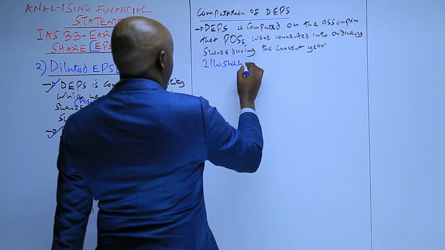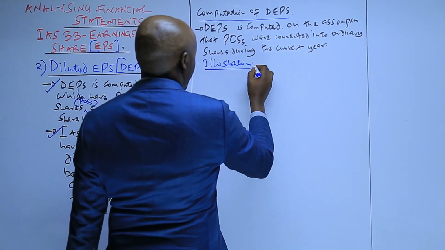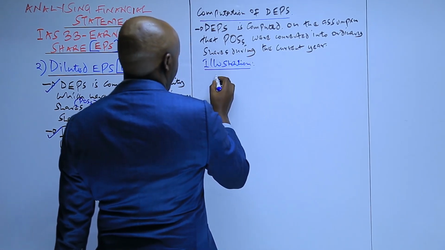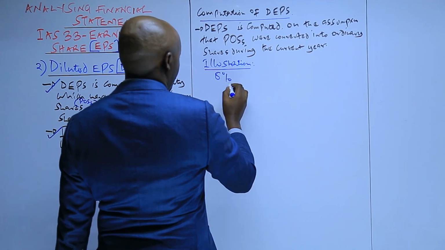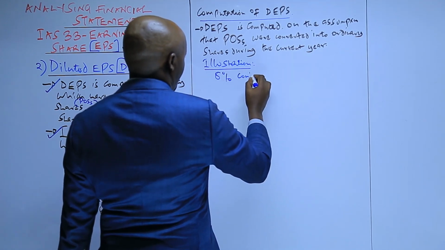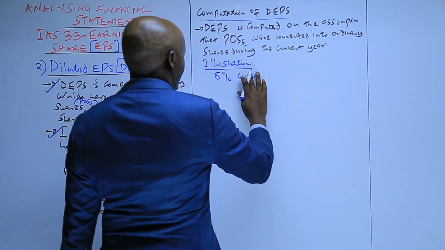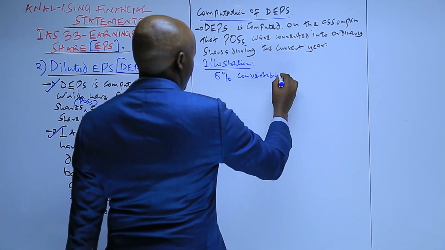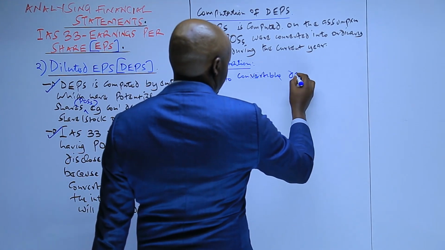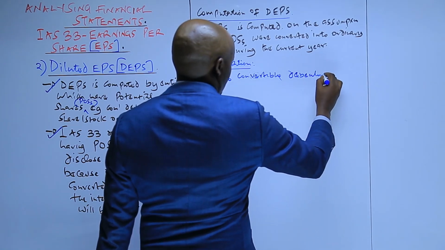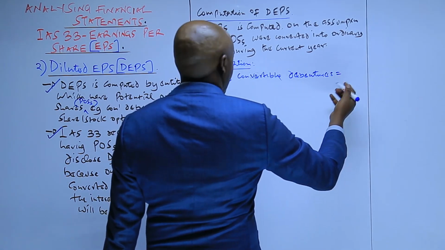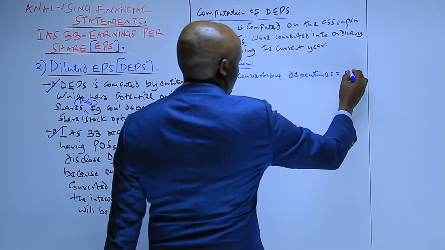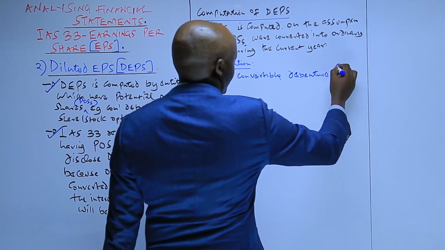We assume that a company has issued, for example, 8% convertible debentures having a value of 5 million shillings.